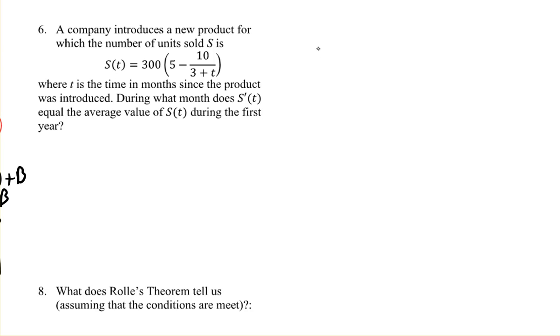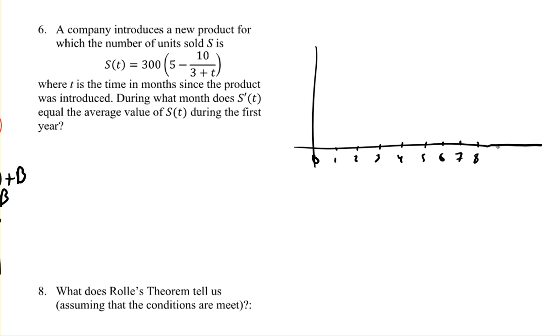Okay, so if I try to make a visual of this, again, I don't know what this looks like, and I'm going to try to avoid using my calculator as long as I can. But it says t is in months, so first year. If I'm trying to give myself a visual here, I would map this out to 12.